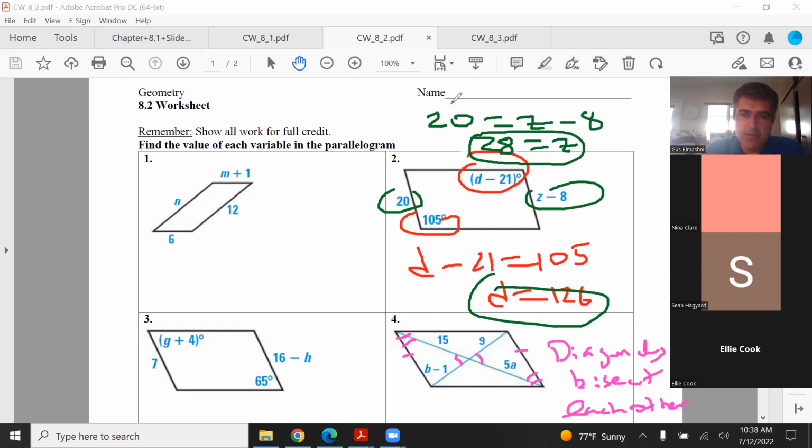So it means that corresponding sides are going to be the same. Like b minus 1 is going to be the same as 9. And 15 is going to be the same as 5a. So if you were to use some of your knowledge that we've discussed, you would see that this triangle here is the same as this triangle here.